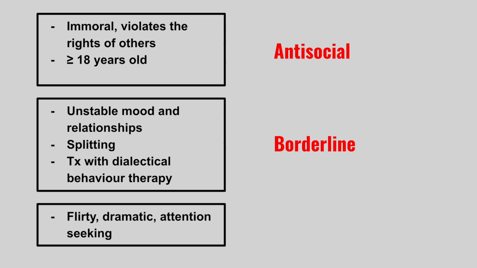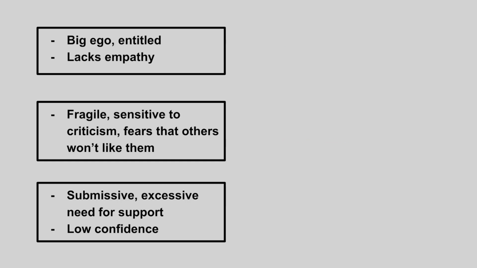Next, we have a patient who's flirty, dramatic, and attention seeking. This is histrionic personality disorder. Next, we have a patient with a big ego, entitled, and they lack empathy. This is narcissistic personality disorder.